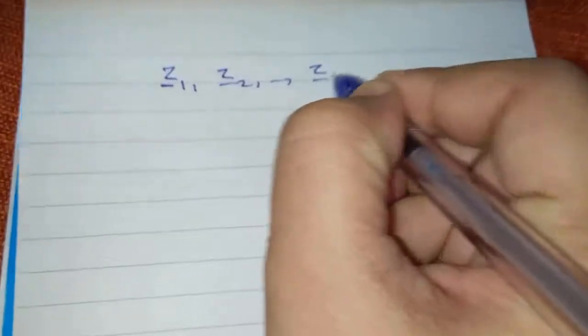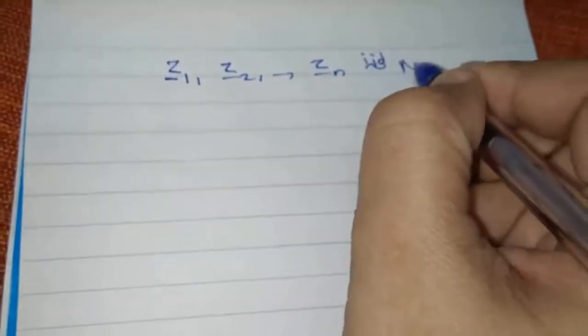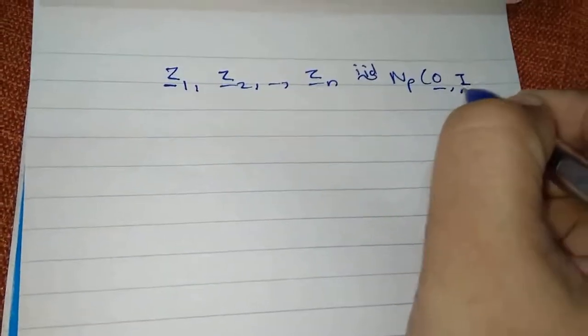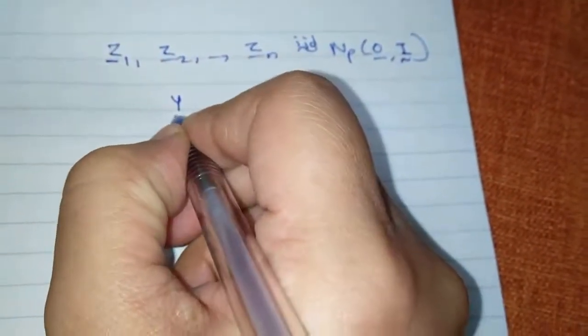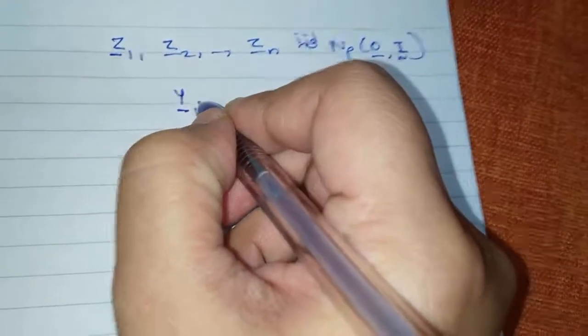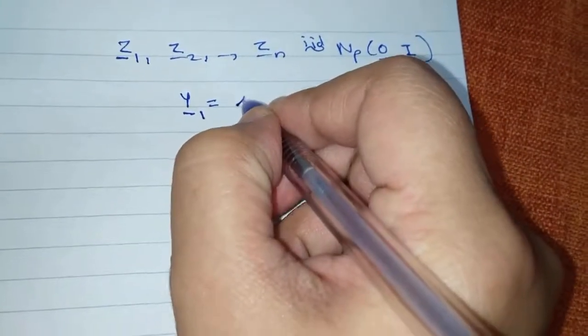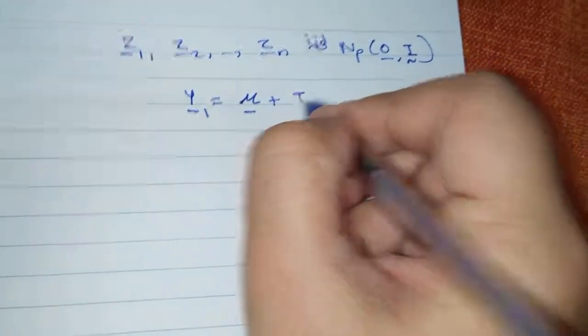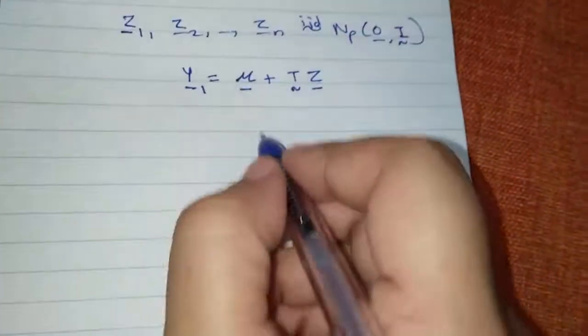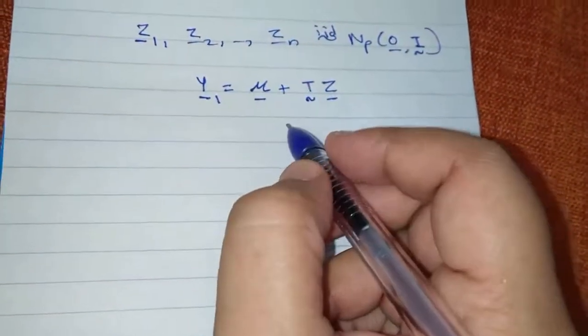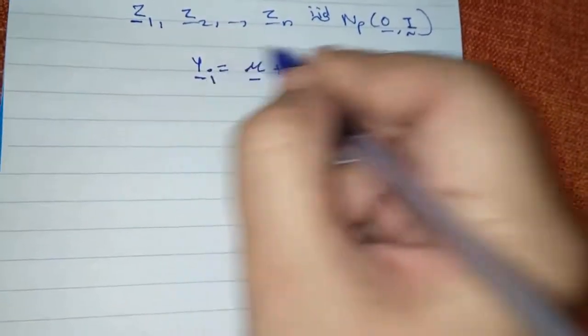What we have seen in the theory is, if I had Z1, Z2, ..., Zn as IID N_p(0, I), that is, they are coming from p-variate standard multivariate normal, then I can define yi as mu plus T zi, where this T is the T that we have computed just now.